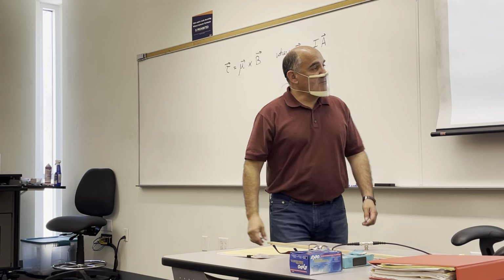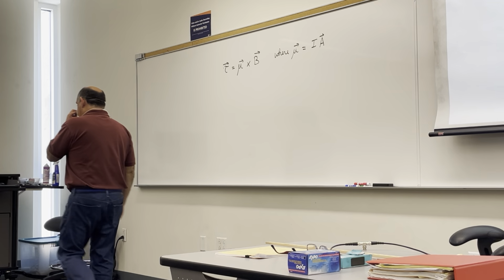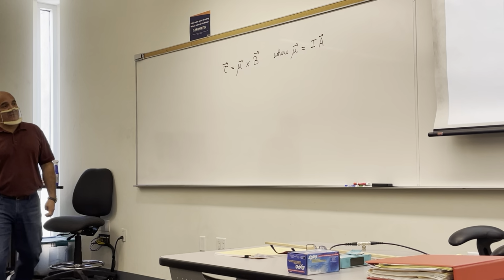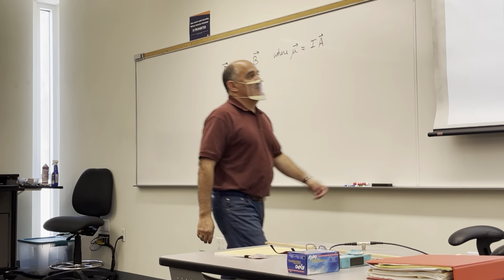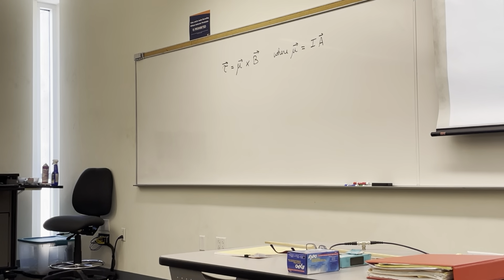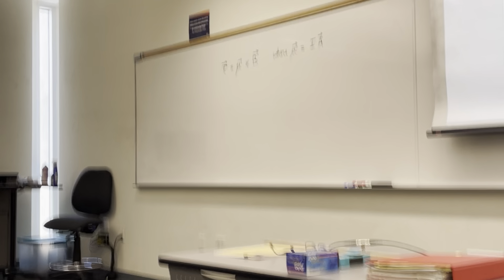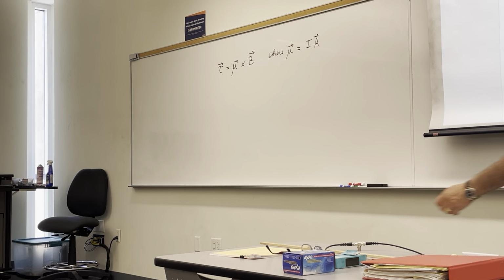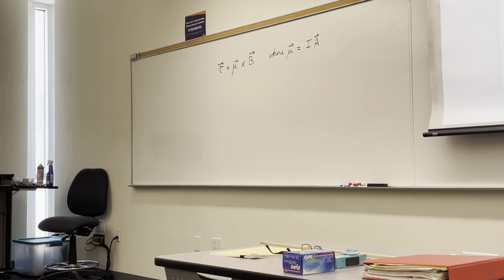Okay? So for example, if you look at this particular loop here in this picture, the area vector is perpendicular to the plane of the loop. So the loop is like this, for example.